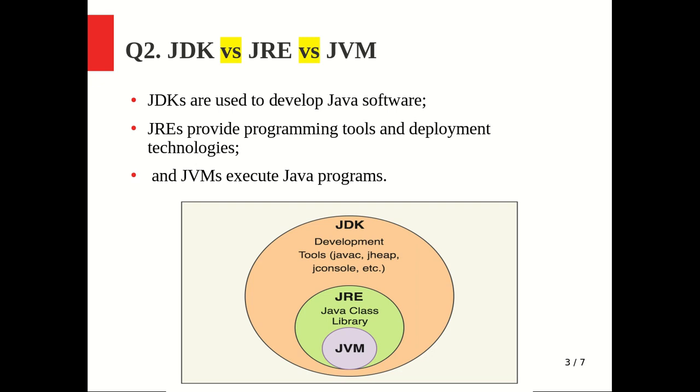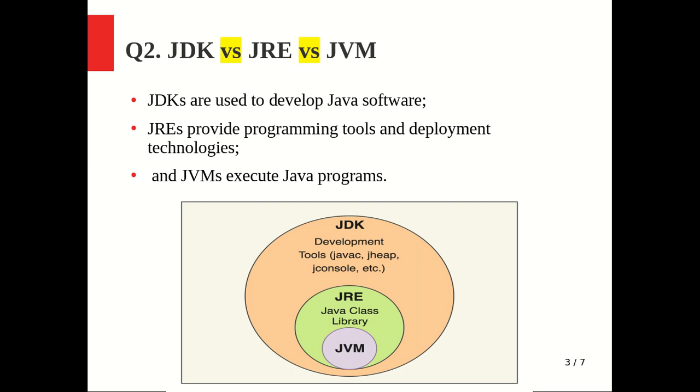In the diagram you can see that the very inner circle is the JVM. The JVM's task is to execute the Java program, and the JVM plus the Java class libraries are called the JRE, the Java Runtime Environment.